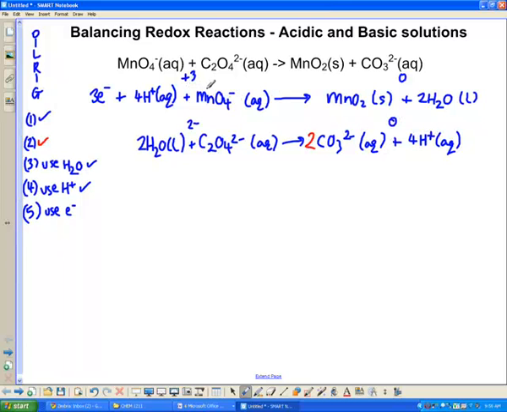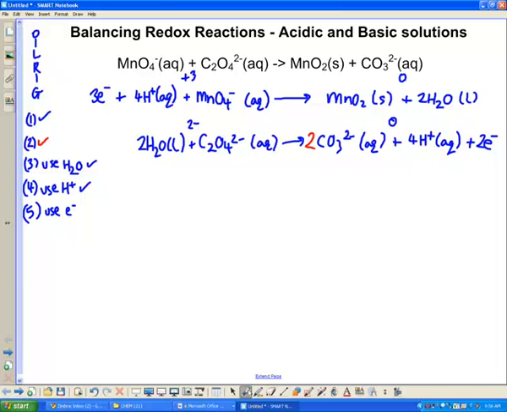We said that because the electrons are negatively charged, we put the electrons on the side that has the highest positive charge. Well, neither of these have a positive charge, but 0 is more positive than 2-. Plus, the only way to cancel out 2- is to add 2- on this side. So it really comes down to algebra. So that means we add 2 electrons on this side.